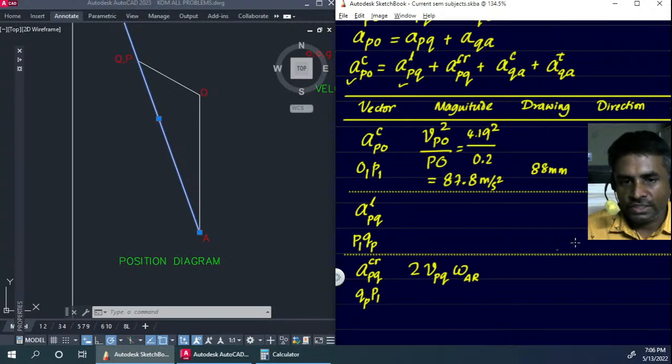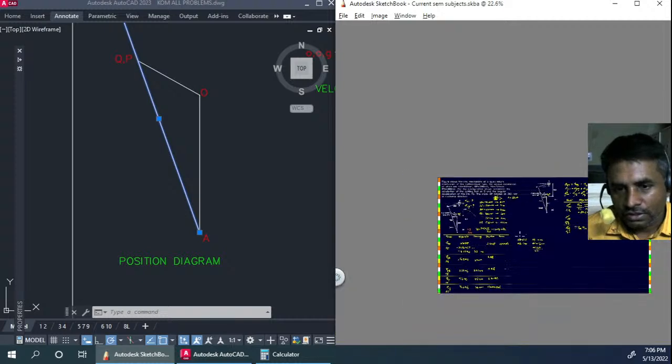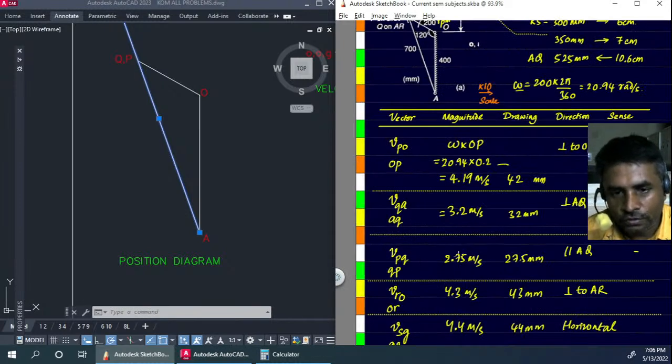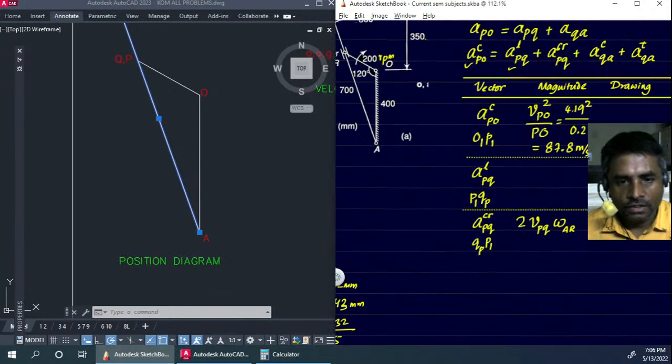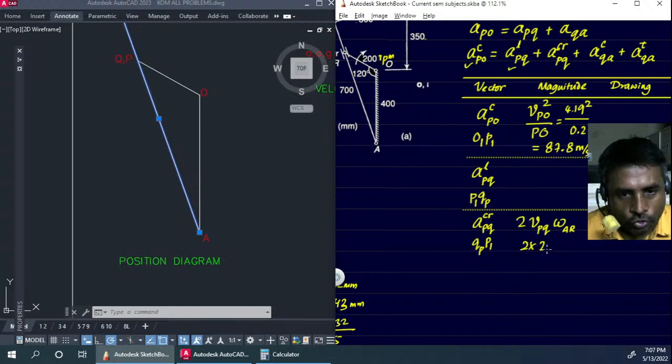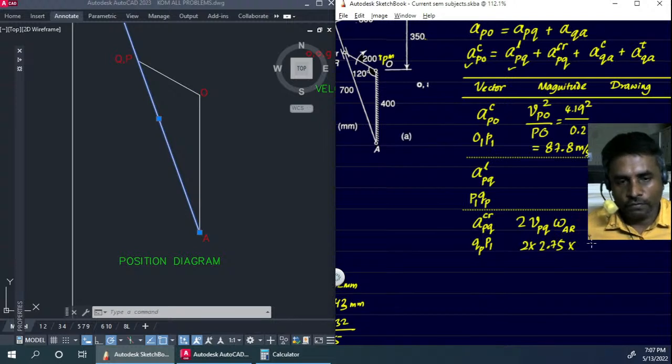Velocity of P with respect to Q, we already know that. Velocity of P with respect to Q, we know its value is 2.75. Let's take that here directly. So 2 times 2.75 in meters per second. And now this velocity we need to find. That velocity will again be velocity of AR. AR means R with respect to A, velocity of R with respect to A divided by the length RA.